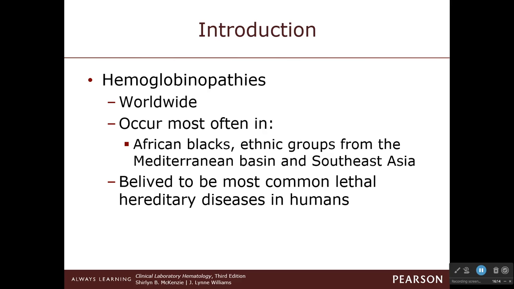Okay, ethnic groups from the Mediterranean basin, like Iraq, Iran, and these areas, the Middle Eastern cultures, they can tend to have some hemoglobinopathies, okay? And then Southeast Asia. When we talk about Southeast Asia, we're talking about places like Vietnam, Laos, Cambodia, those kinds of places, okay? India even. Those places we see lots of increases in hemoglobinopathies, and we'll talk more about those.